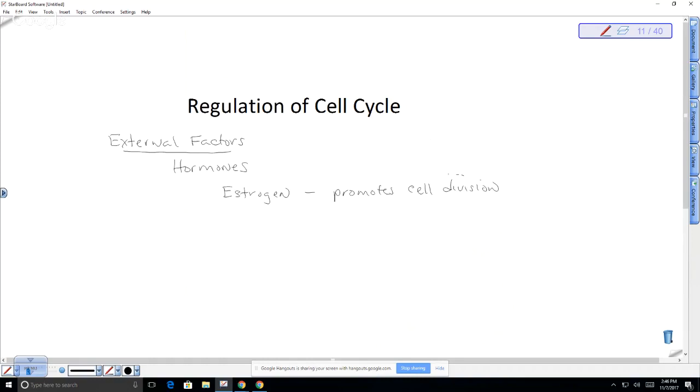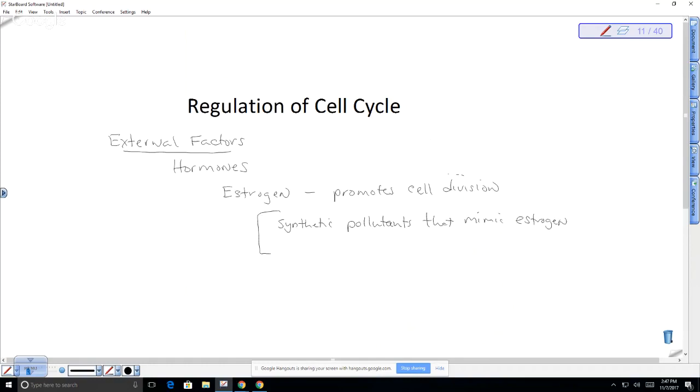Now, interestingly, we have lots of synthetic chemicals in our environment that seem to mimic the effects of estrogen. So kind of as an aside here, we have synthetic pollutants that mimic estrogen.